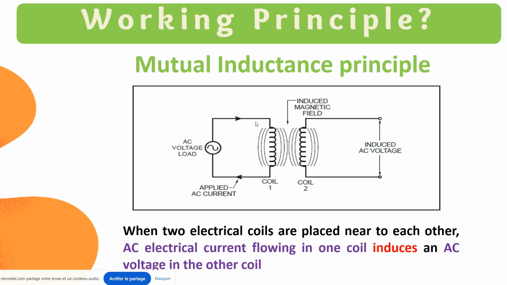I have a current here that creates a field. This field will induce a second field here that will create electricity. If you focus here, we are moving from electricity to magnetism, and then from magnetism to electricity.